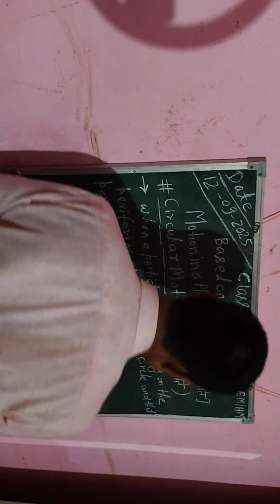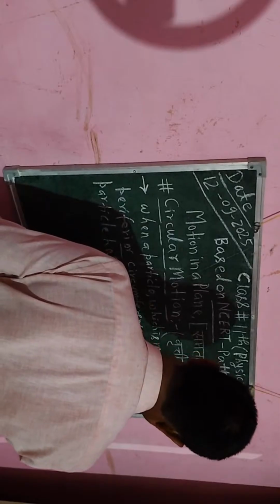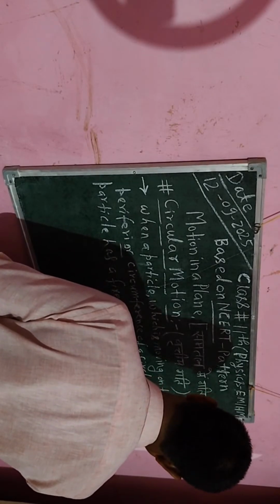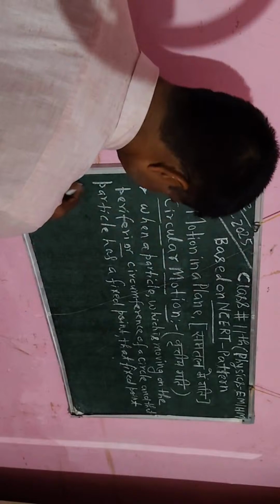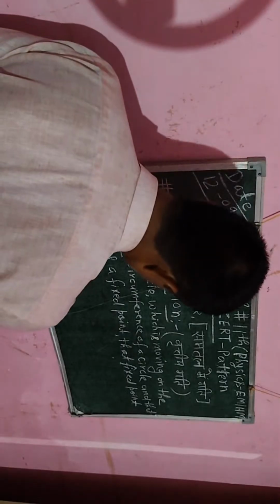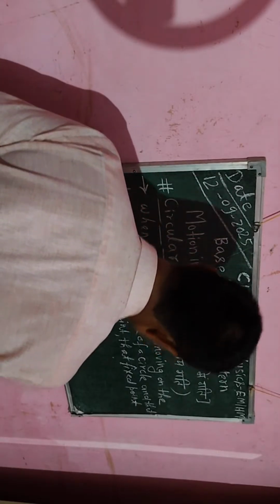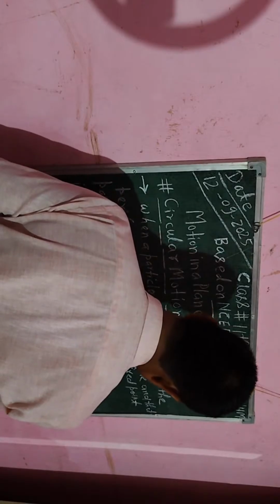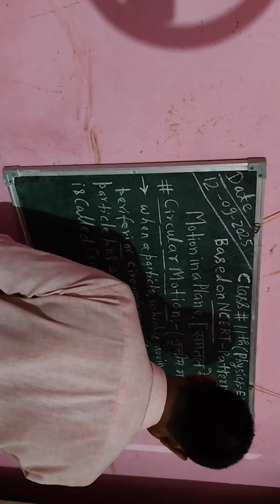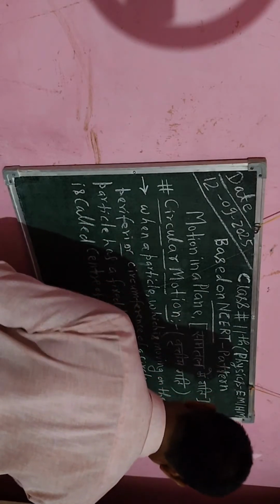That fixed point is called the center of the circle, and that has a fixed distance.